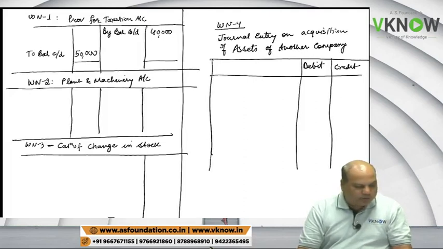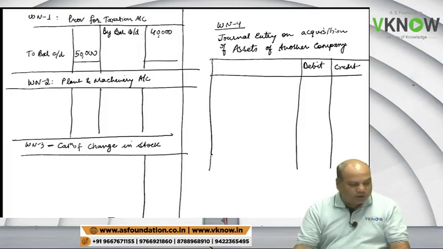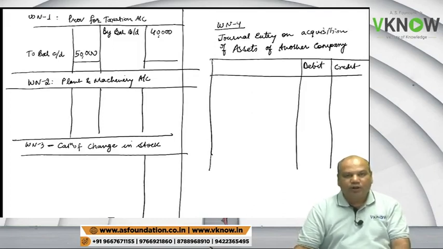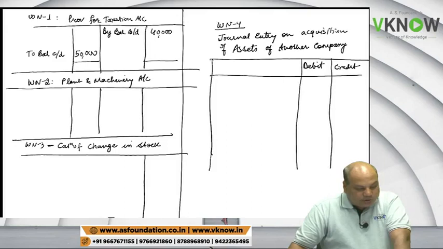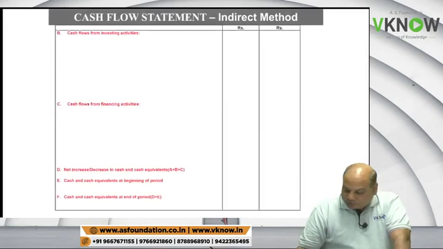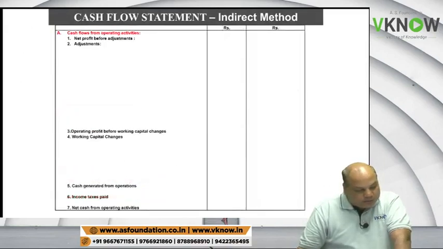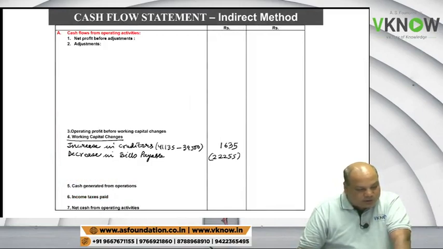Very important chapter we are doing. At least one question you will get for 8 to 16 marks. So don't miss it. Next item is reserve. What happened to reserve? Nothing happened. From 50,000, it is still 50,000. No change in reserve.